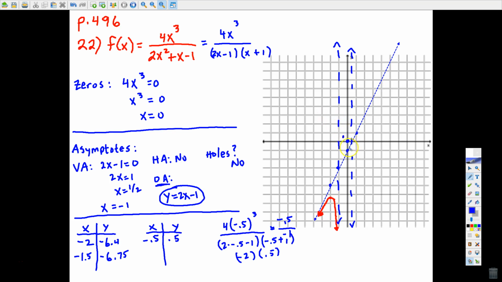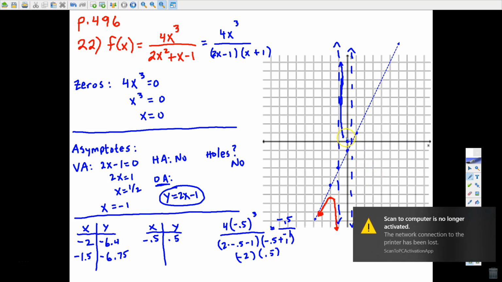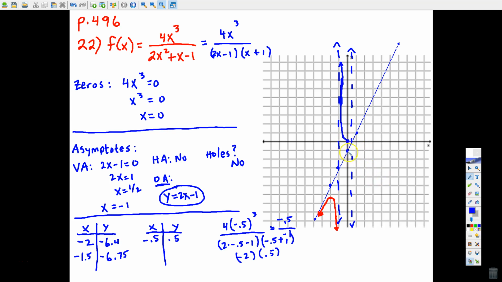All right, so what's going to happen here is I'm going to be following this forever and ever, going upward. I'm going to be approaching that vertical asymptote for f of x headed to positive infinity. All right, I already know that I've got to pass through this point. That's an x-intercept. Okay, and what I'm going to do now is test a point to make sure I don't hit this and then go up.